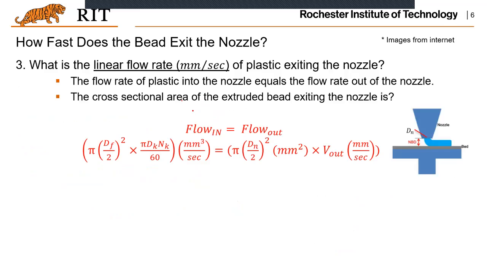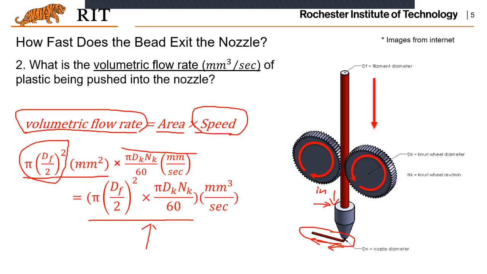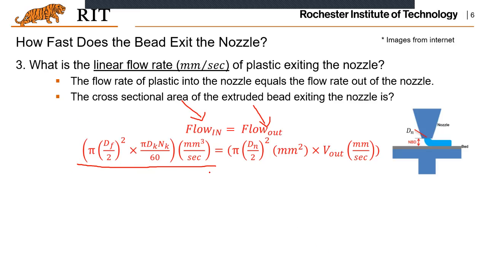As I mentioned, the flow in should be equivalent to the flow out, and you have already come up with the flow in the previous step, right? That is what you have, and you can directly put it here, and then how do you compute the flow out? So for the flow out, again, it is the cross-section area of the nozzle times the linear speed of the material exiting from the nozzle, which is what we want.